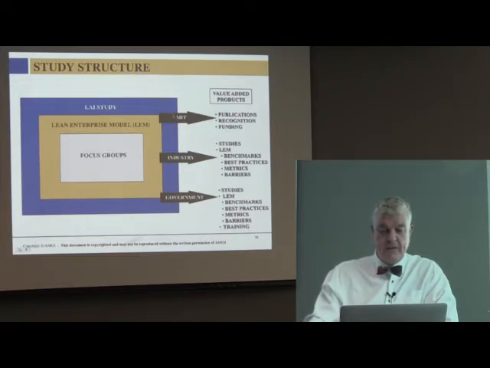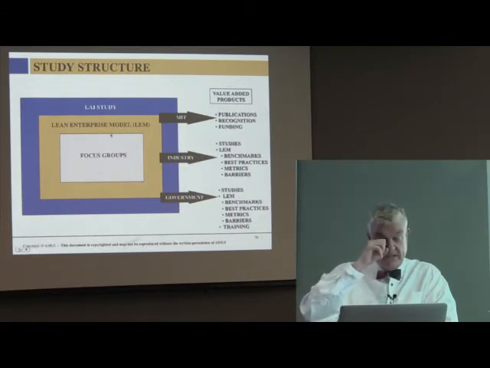All of it was done by a mixture of MIT, industry and government, and they created this lean enterprise model, and they used focus groups from across industry over a 5 to 7 year period. And what's remarkable about it is the work that I was involved with at McDonnell Douglas in St. Louis on the F-15, F-18 programs.